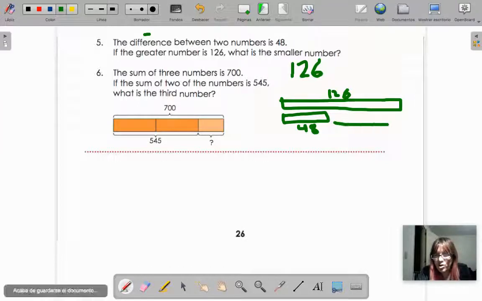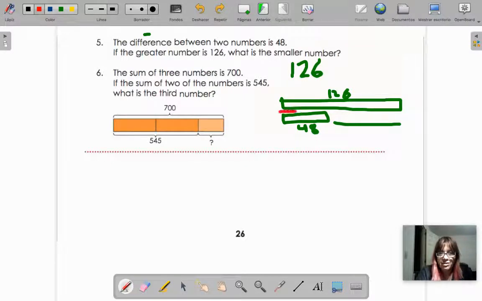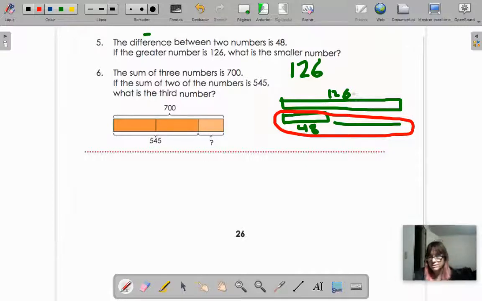The other is this that we don't know. So that's why they say that, let me change color. The difference between this number and this number is 48. Okay? So that's why, yes, we have to subtract, and we get the other part, the other number.